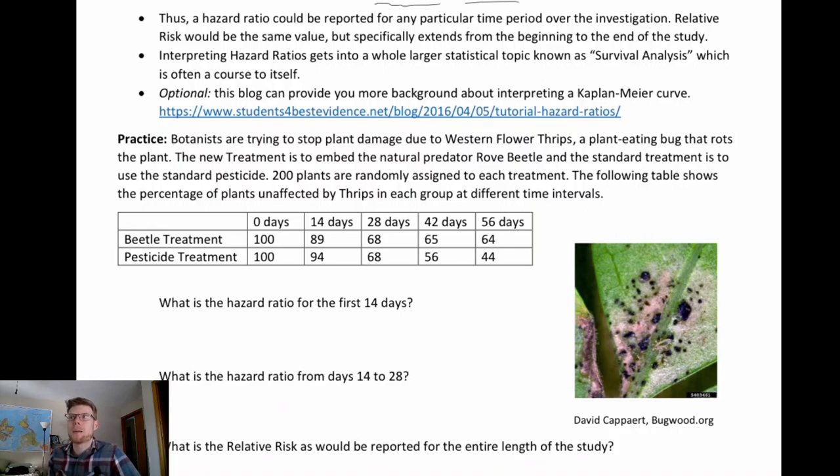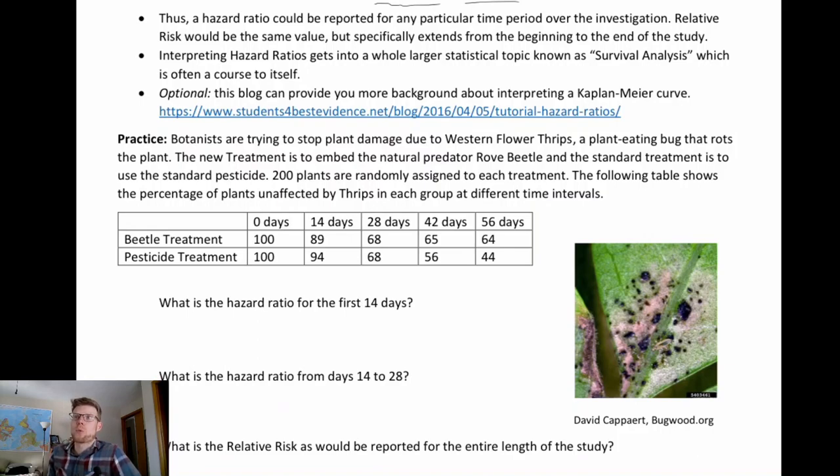This is a plant-eating bug that's going to rot the plant. We're comparing two different treatments or preventatives for this happening. One is a rove beetle predator being introduced to these 100 plants up here. The other is a pesticide treatment used on these other 100 plants over here.